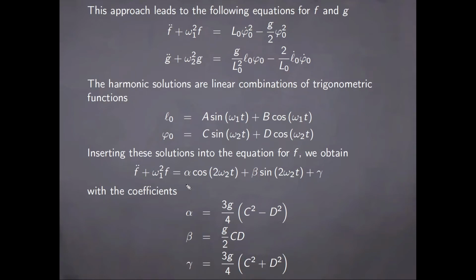So we've managed to turn what was a nonlinear expression into a linear one, involving trigonometric functions and the coefficients alpha, beta, and gamma given in terms of the parameters of the system, namely the gravitational acceleration and the integration constants that can be obtained from initial conditions.